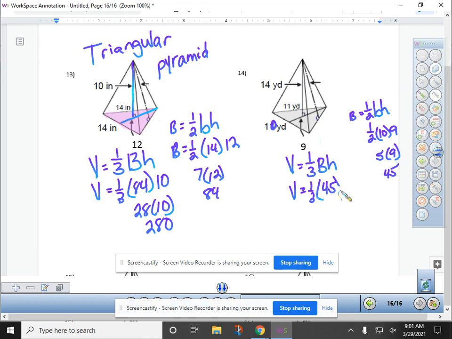So the area of the base is 45. What is the height of the whole pyramid? 14. Can you divide 45 by 3? Find 1/3 of it? What is it? 15.